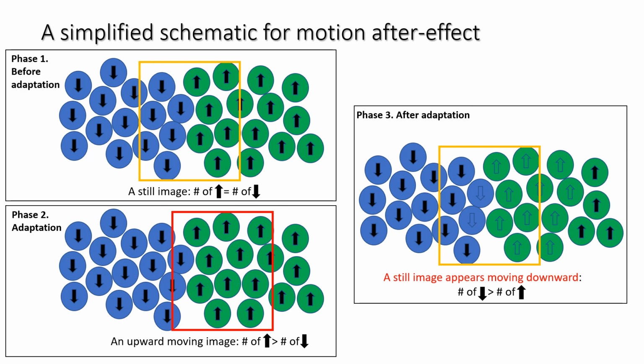And after this happens many, many times, then in phase three, we are presented with the same image as phase one in a stationary place, but it will look like it's engaging in downward movement. Why? Because the upward movement activation fields are adapted and therefore less sensitive, whereas the downward fields are still the same sensitivity as before and are being activated much more easily.